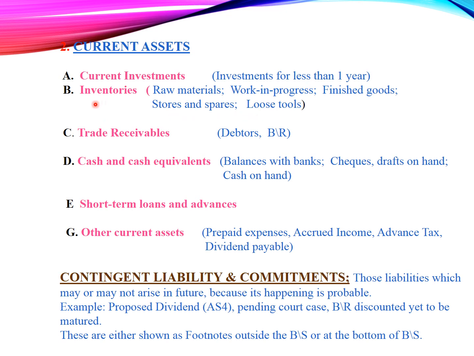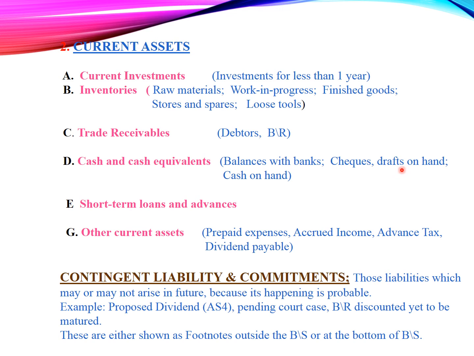Next heading is cash and cash equivalents. Cash and cash equivalents head includes balance with the bank, checks, drafts on hand, and cash in hand or cash on hand. So these items are shown under the D subheading, that is cash and cash equivalents. Next title is short-term loans and advances.